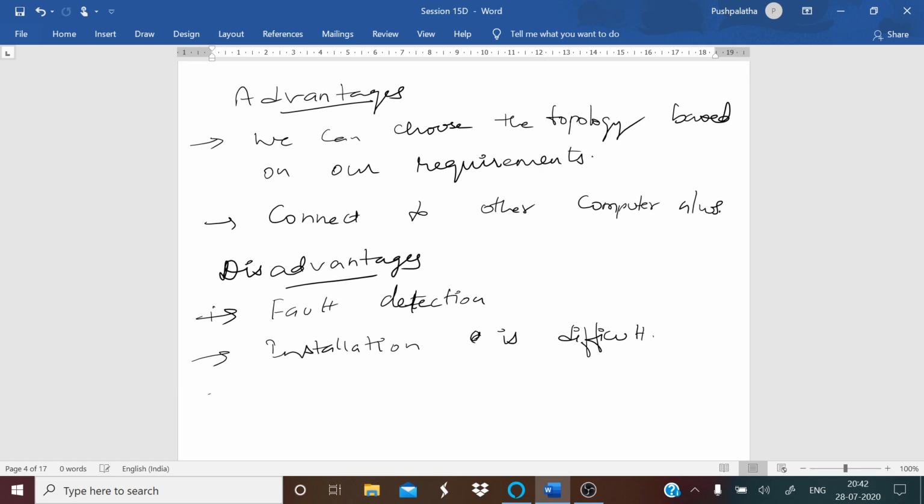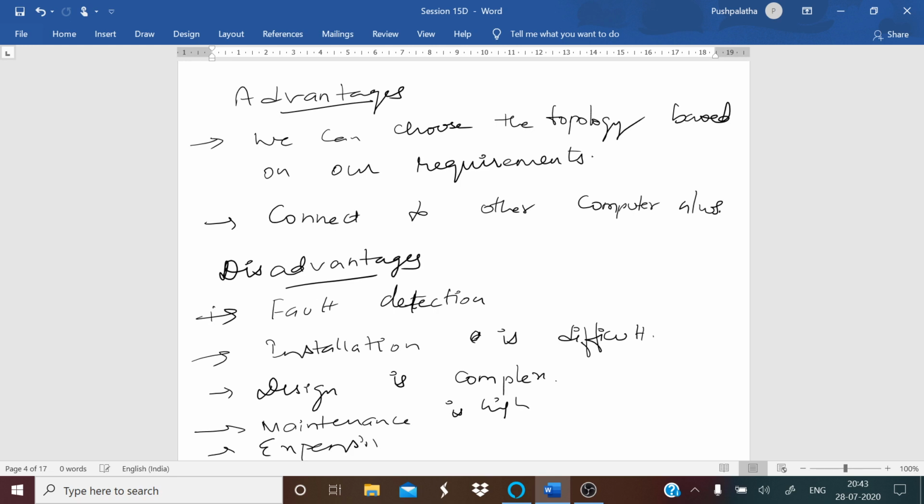And then design is complex. As we said, it's a mixture of many types of topologies. So design is complex and therefore maintenance is high, and also it will be expensive.